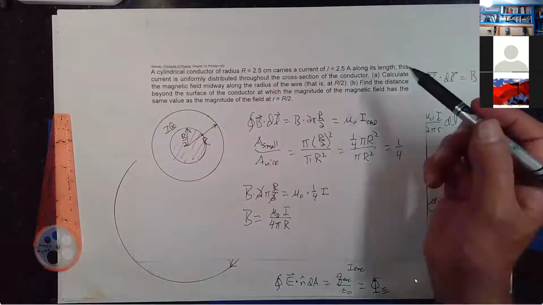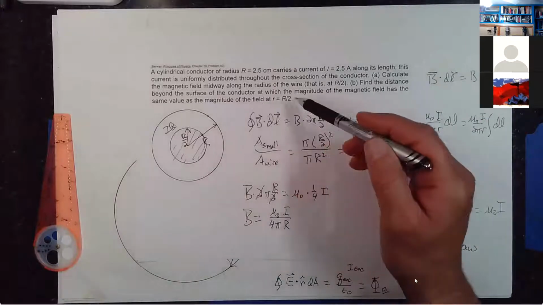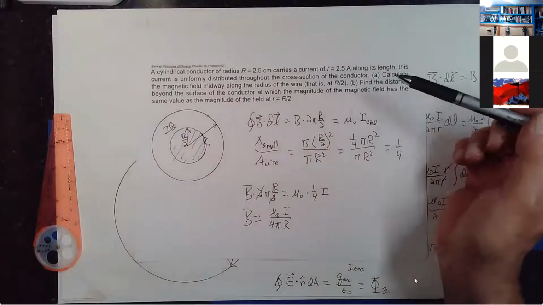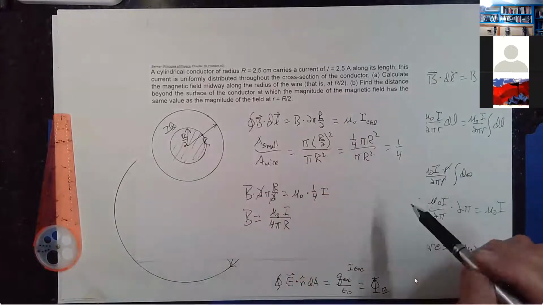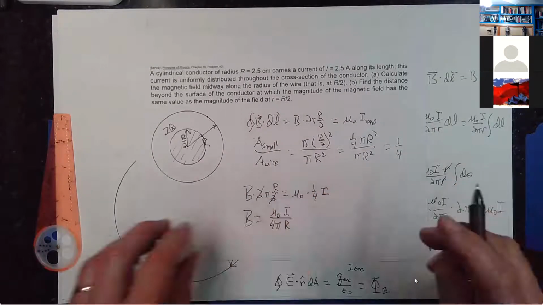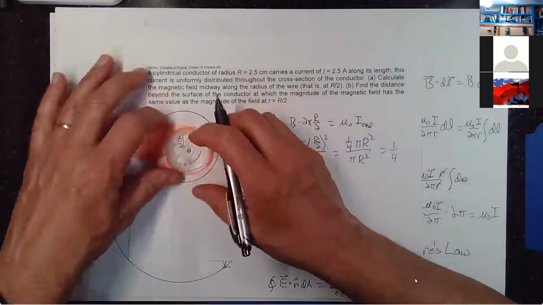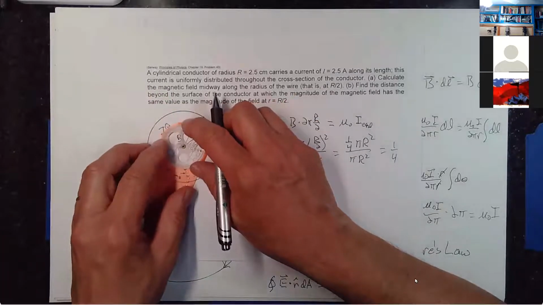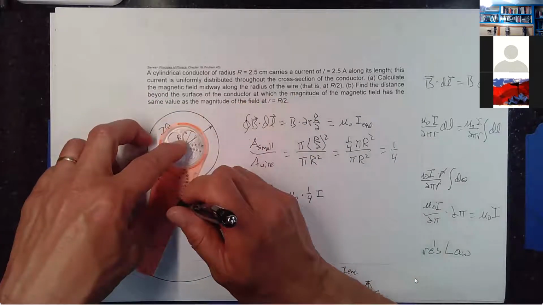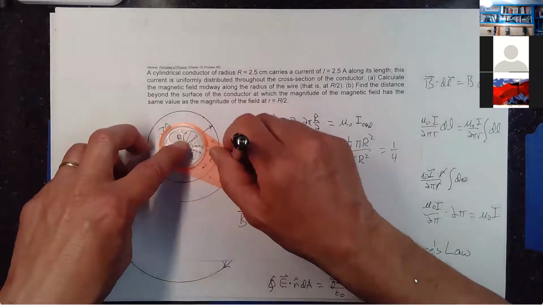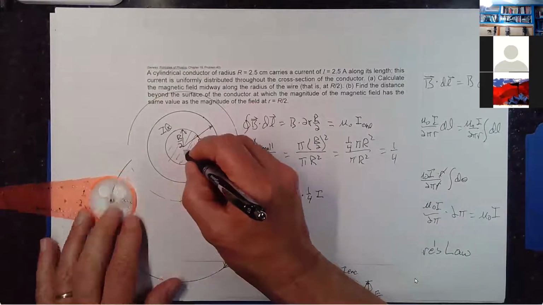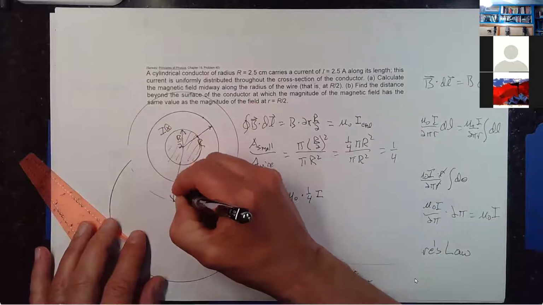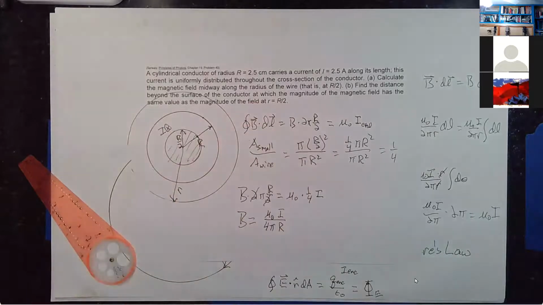Now, how far out from the surface of the conductor will it be before the external magnetic field out here has that same value? Well, for that, I can imagine some loop out here. And it'll be out there at some radius, little r.